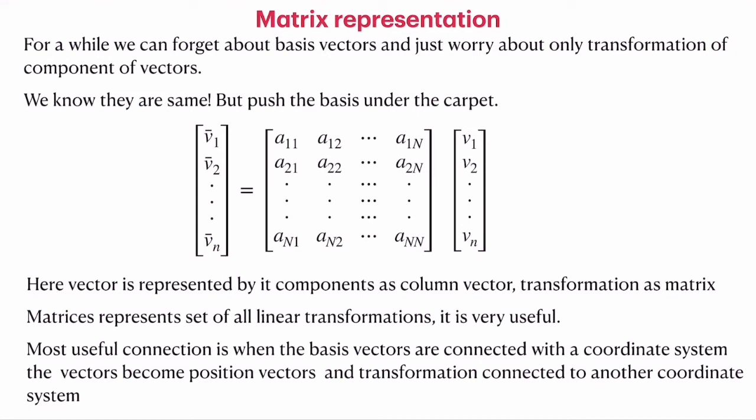The matrices represent the set of all linear transformations, so it is very useful to study their properties, and useful for the vector transformation too. The most useful connection comes in when the basis vectors are connected with the coordinate system and the vector space becomes position vectors, and the transformation connecting them becomes the coordinate transformation.